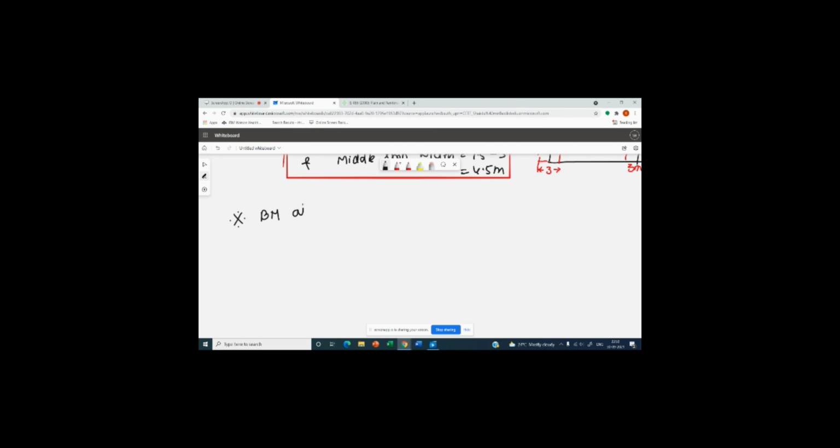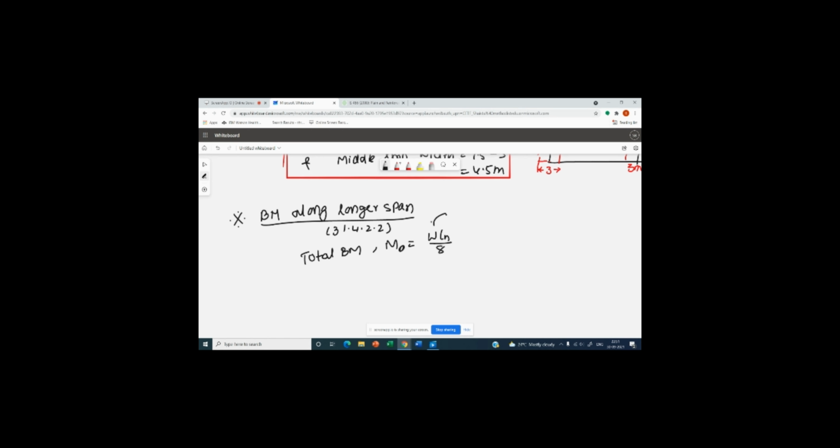Bending moment along the longer span first. When we are finding it along the longer span, that span becomes L1 and the other span becomes L2. As per IS 456 clause 31.4.2.2, the design bending moment, or the sum of positive and average negative bending moment, is given as M0 equal to W Ln by 8.